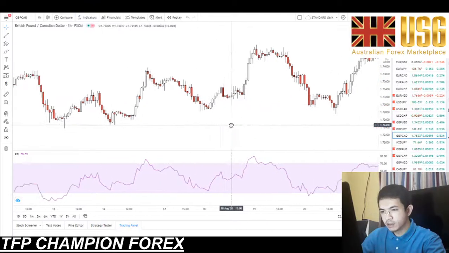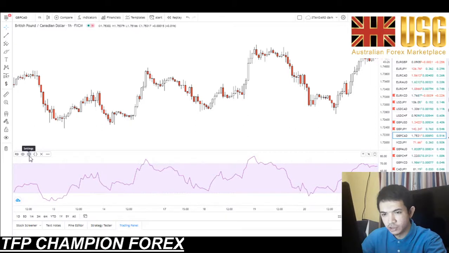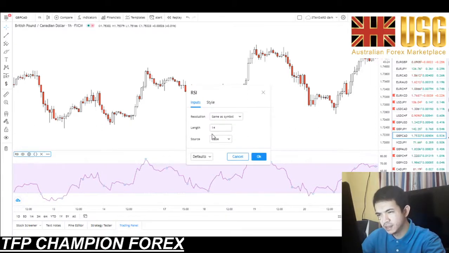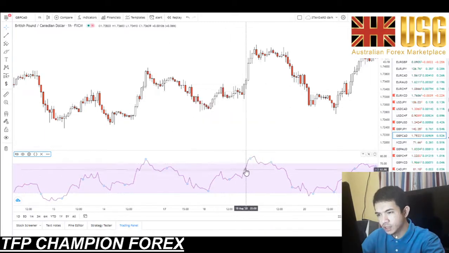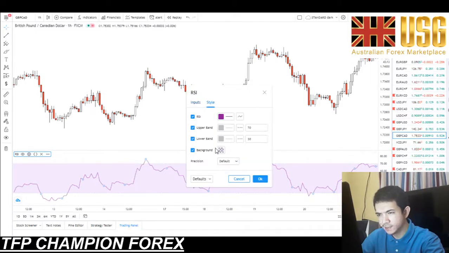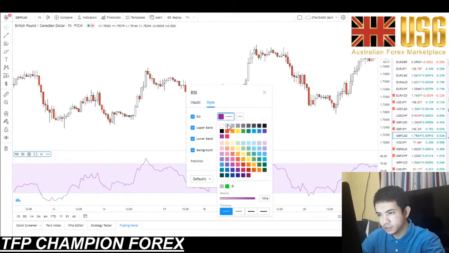So this is an RSI with the default 14-day period setting. All right, I'll just show you the settings. Just a basic 14-day period with close as the source, right? I'll just change the color for you guys. Change it to blue.